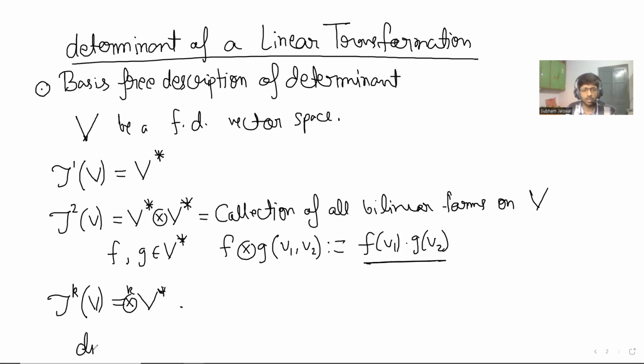But just before that, you can check the dimension of this is, any guess, n to the k. You can prove that inductively. It's n to the k. But now we need to look at alternating forms, and it was sort of necessary to say this in some way.